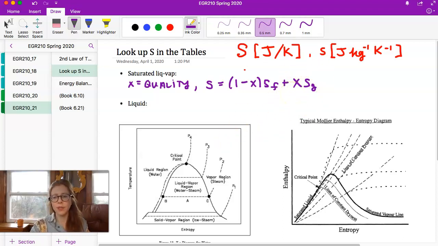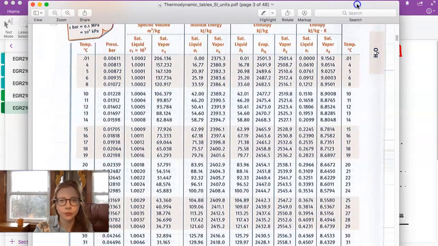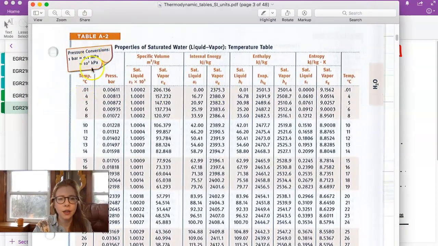So I'm just going to pull up the tables for water for 1 second. This is from your book. You can see that under the vapor dome for the saturated liquid vapor tables, we still are looking at these same tables that we've been using for specific volume, internal energy, and enthalpy. But now we'll be looking at lowercase s. So this is our intensive property, on the mass basis.